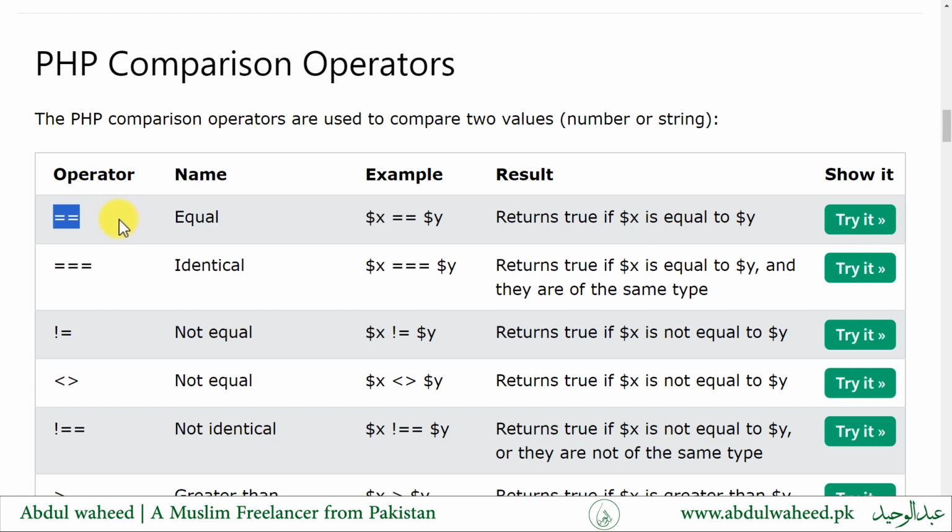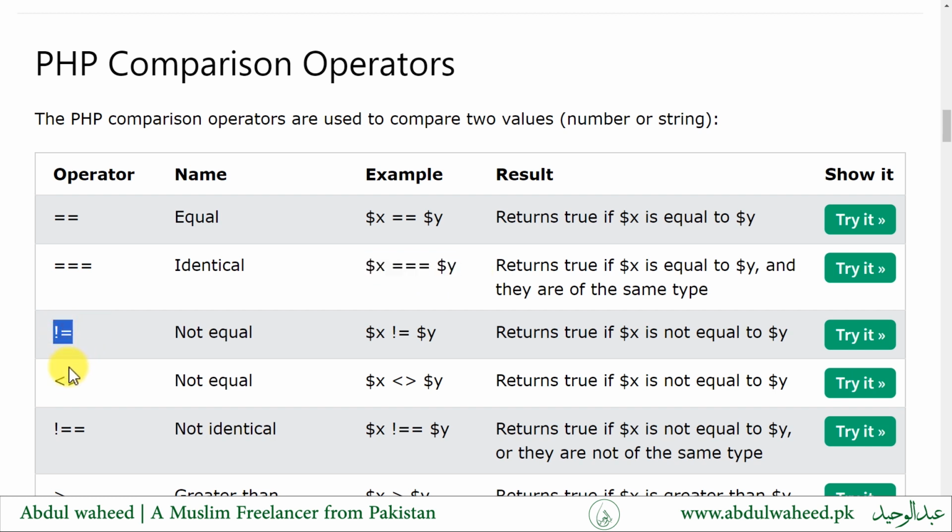We use the double equal sign. It returns true if x is equal to y. And if we use the triple equal sign operator, it also checks the type of the two variables being compared.